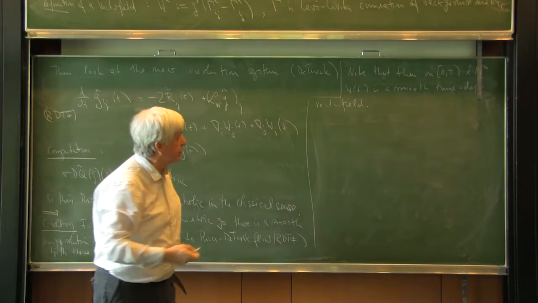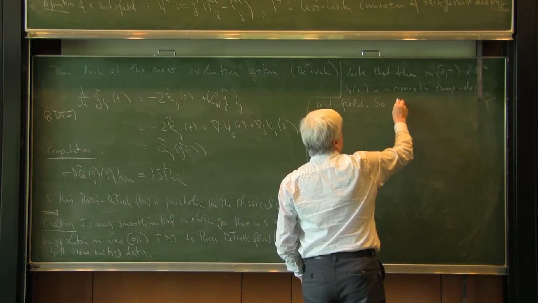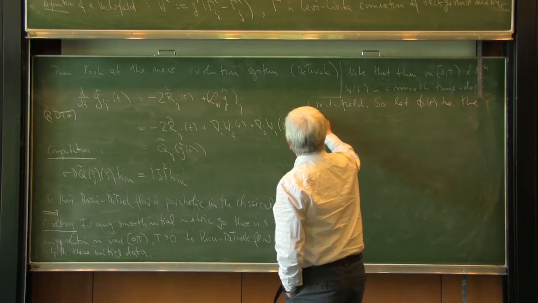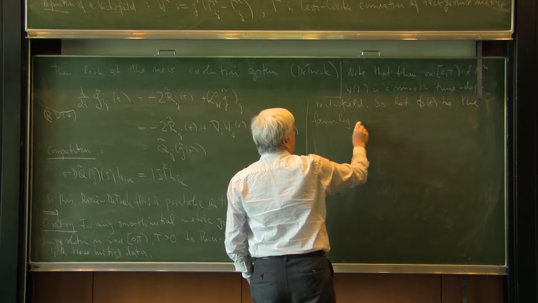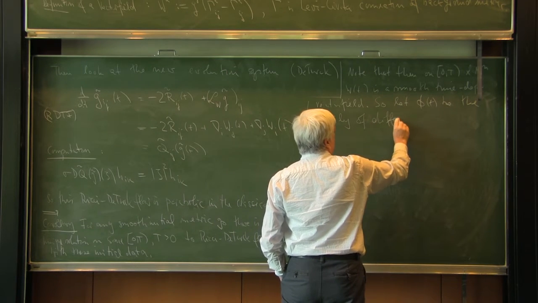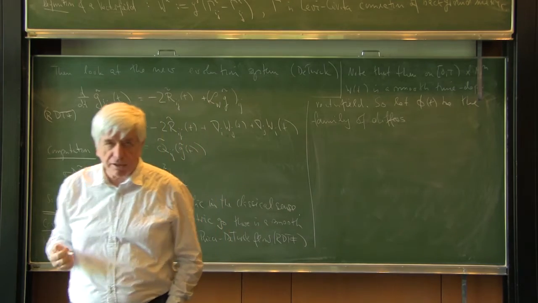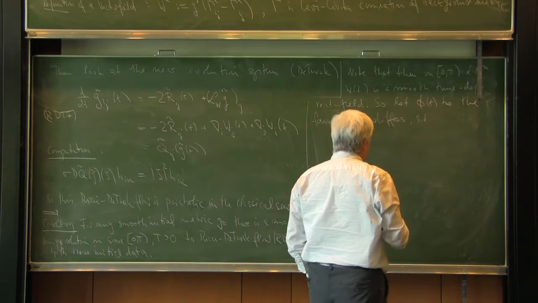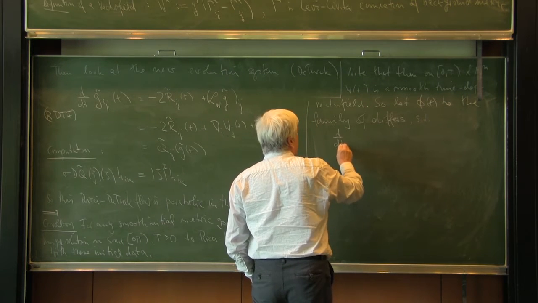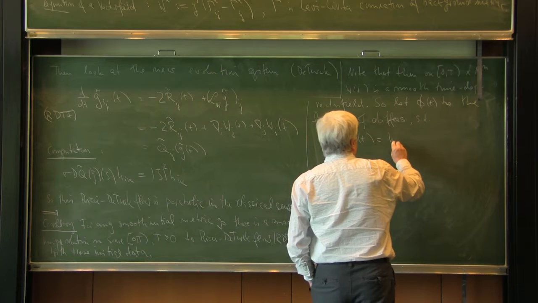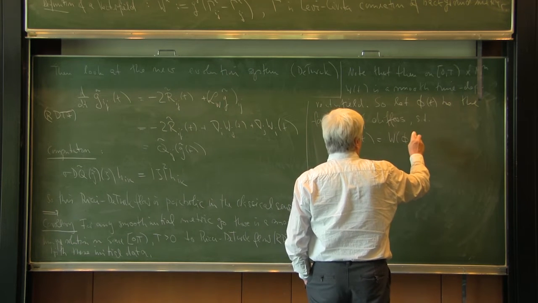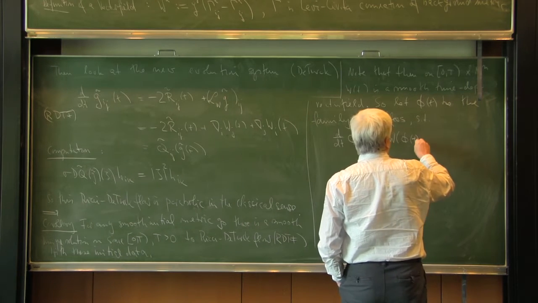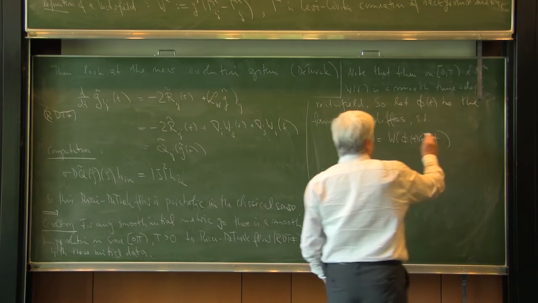So we can look at the families of diffeomorphisms. So let phi of t be the family of diffeos, just like in the first lecture where we talked about Ricci solitons, such that d/dt of phi of t at each point p is minus W of phi of t of p at t, okay?